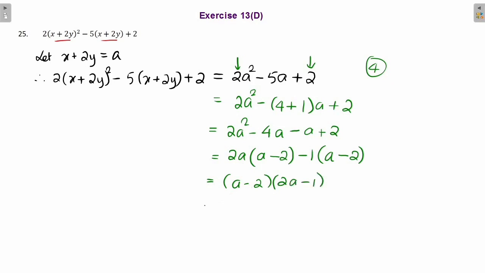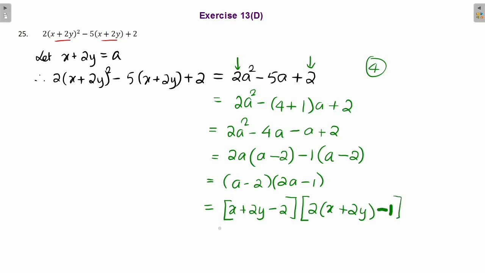Now at last again we will resubstitute the value of a. Okay, so you know a is how much? X plus 2y. So in place of a I am writing x plus 2y. We have minus 2 also, remember. So minus 2 is there. So we have 2 into a. A is again x plus 2y, isn't it? We have minus 1 also.